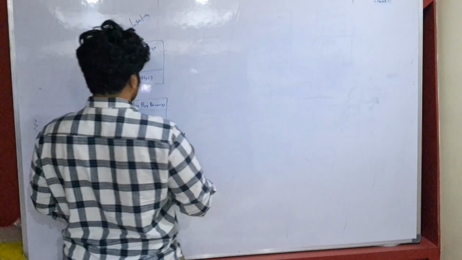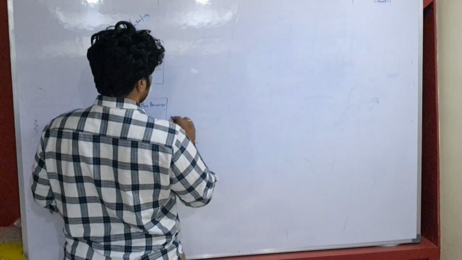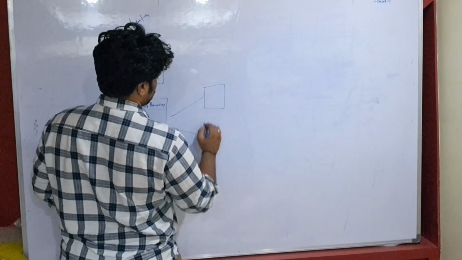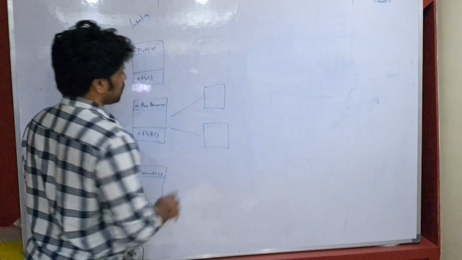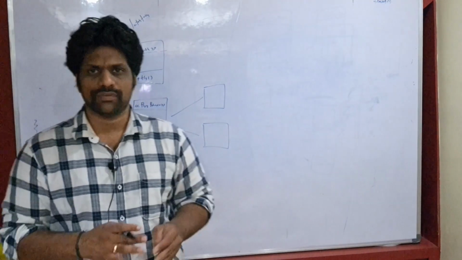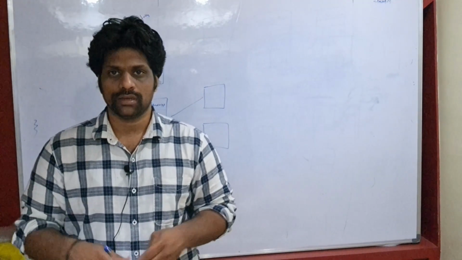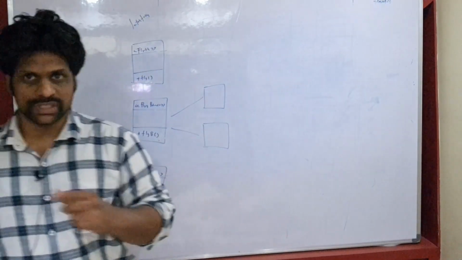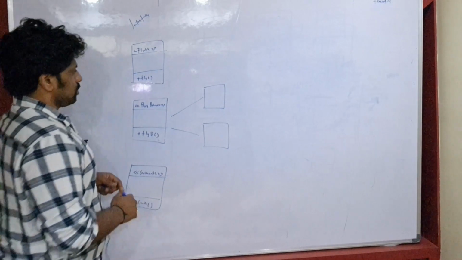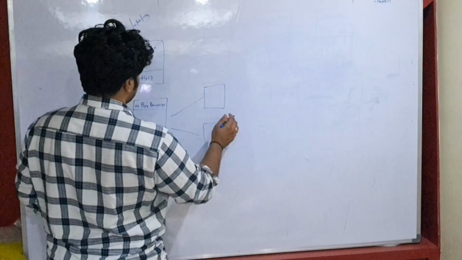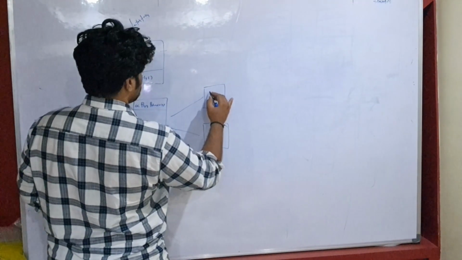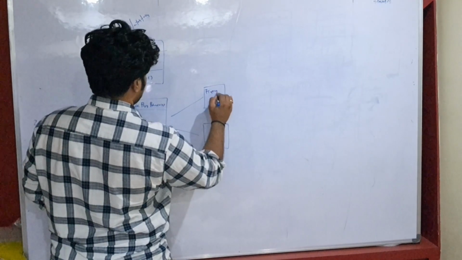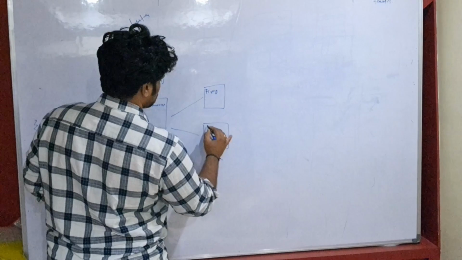Now within this flying behavior you have again two layers of abstraction. We are basically abstracting it into different layers. Whenever we get a problem, we are basically dissolving it into different layers of abstraction, segregating. So this is basically flapping, this is basically gliding.